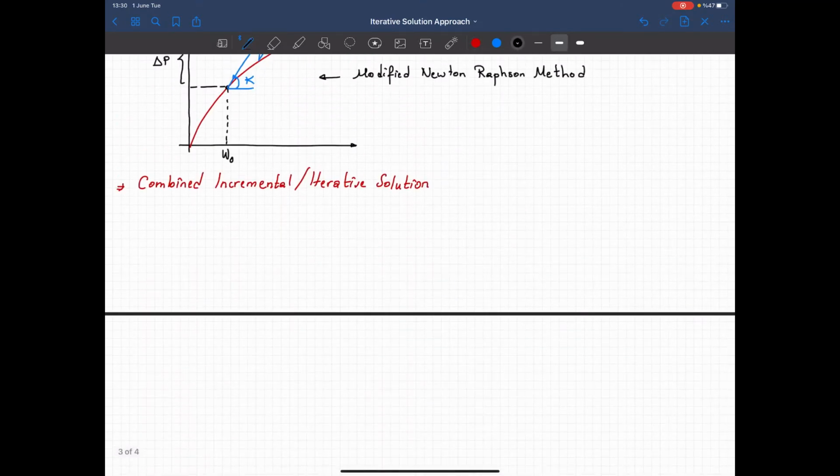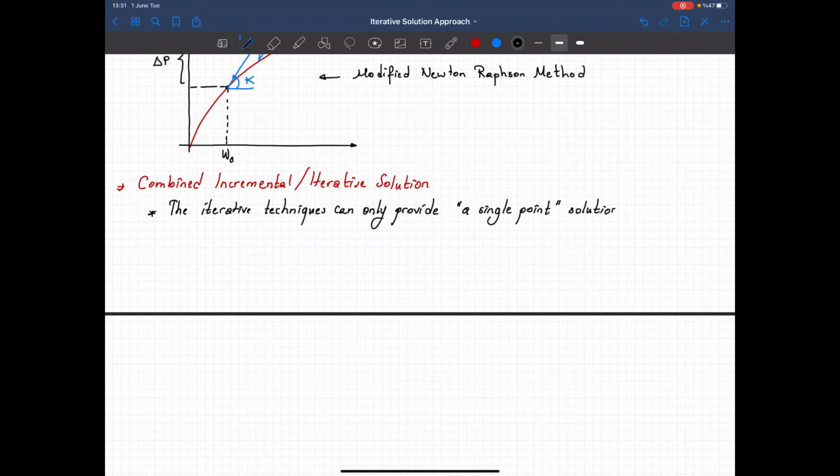So the approach is as follows. We say that the iterative techniques can only provide a single point solution. So we get only a single iteration equilibrium point.